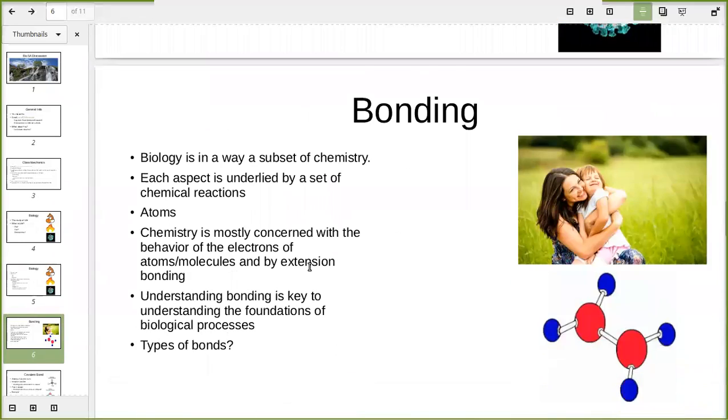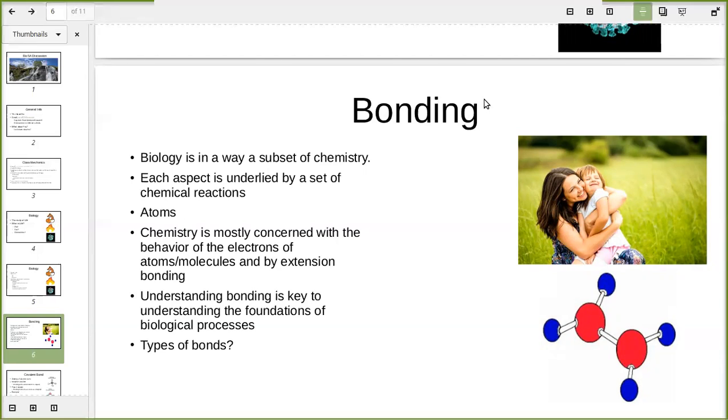Okay. So that's the definition of life. Now, we're going to focus on a specific aspect of biology. And this aspect comes in when we consider what biology is. Biology, in a way, is a subset of chemistry. Wouldn't you agree? Right?